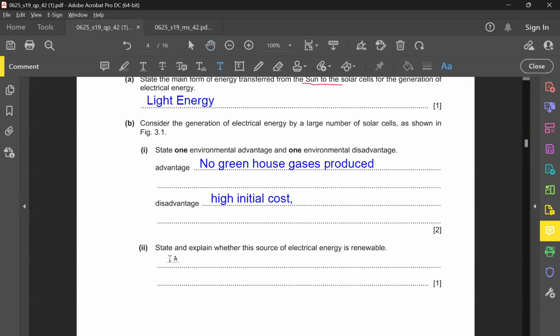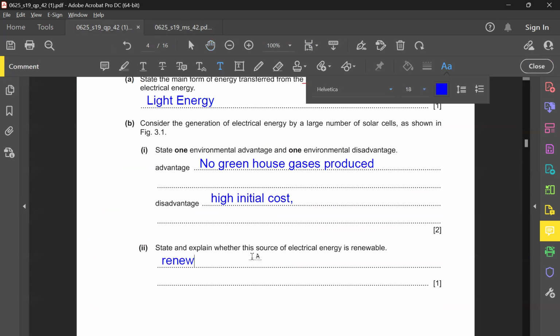State and explain whether this source is renewable or not. Obviously, it is renewable. Why? Infinite amount. It doesn't use up anything.